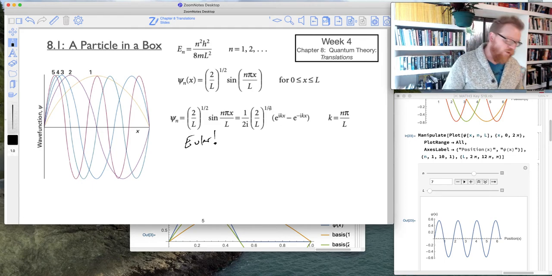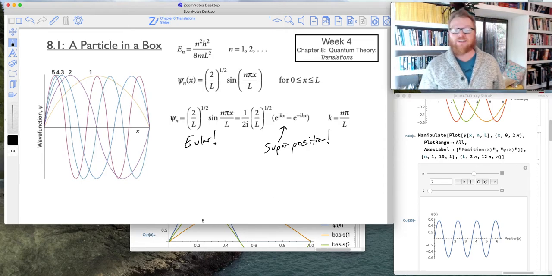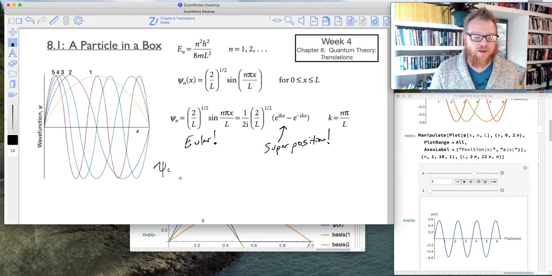And now what's really cool about this, look at this. This is a linear combination of exponential functions. That means it's a superposition, which is really cool. And what's also really cool, we've already established using this generic wave function, a e to the ikx plus b e to the negative ikx.